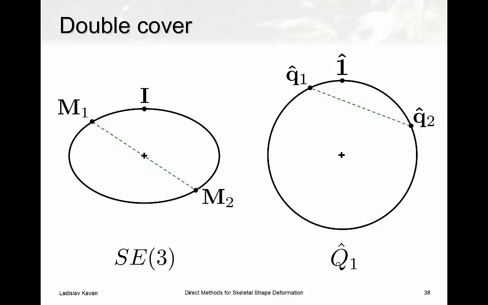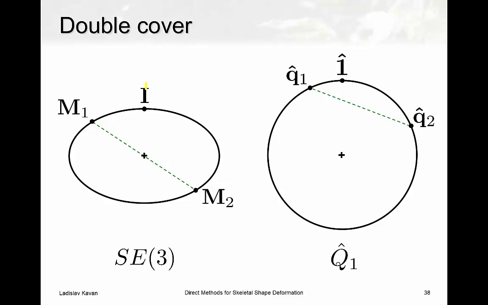The other way you can look at it is, let's see if I can get the highlighter to work a little bit better. The other way you can look at this: if you start here, and you traverse this full loop, let's forget about translation for a second. You start with this as identity, and if you do one full loop, you did a 360 degrees rotation.